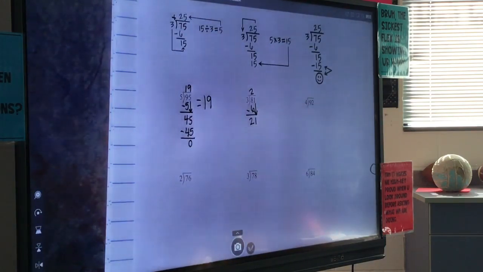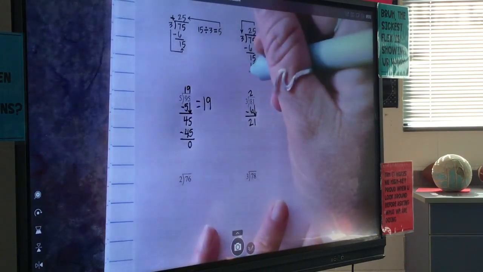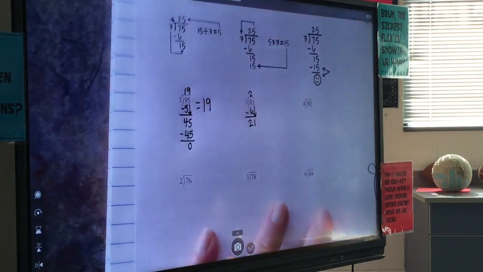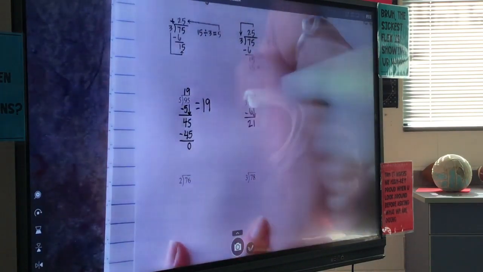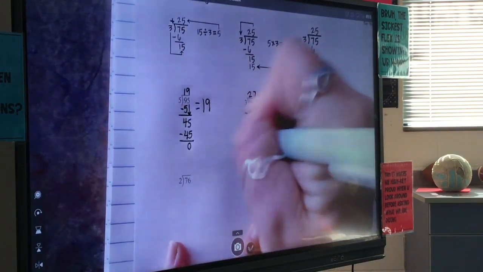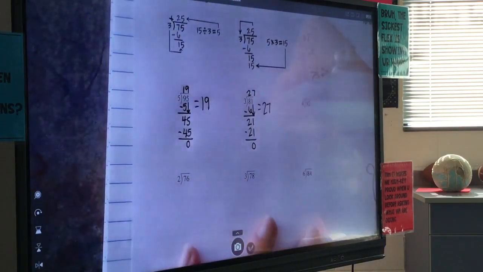The number that you brought down is bigger than the number we were dividing by? Yes. So the number we brought down is bigger than the number we're dividing by. So 3 times what gives me 21? 7? Yes. All right, so we are good. So my answer is 27.